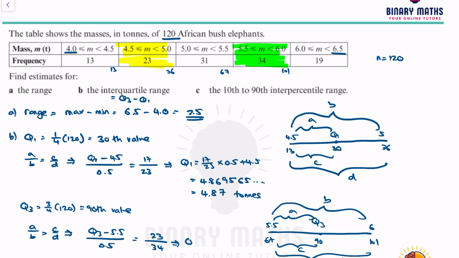That implies Q3 is equal to 23 over 34 times 0.5 plus 5.5, which means you get 5.838235, which is 5.84 tons.